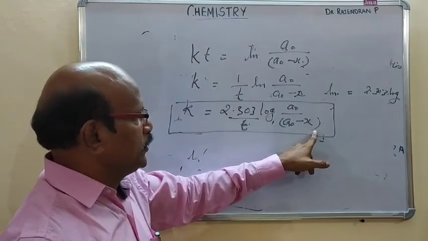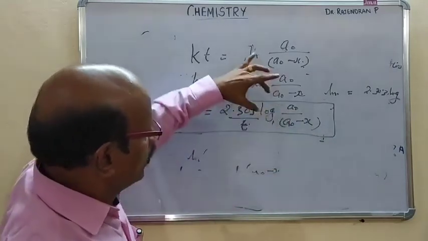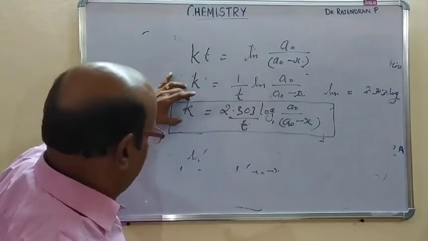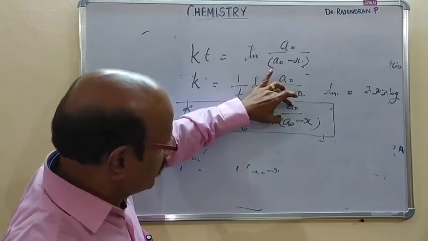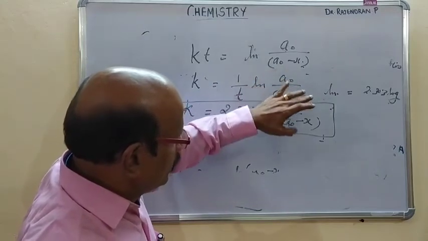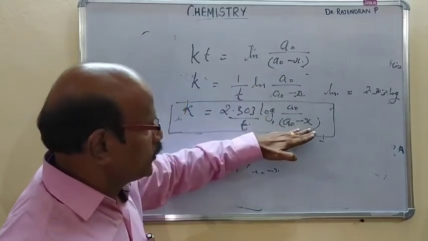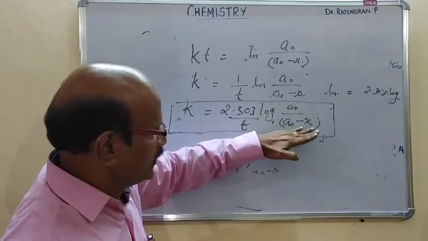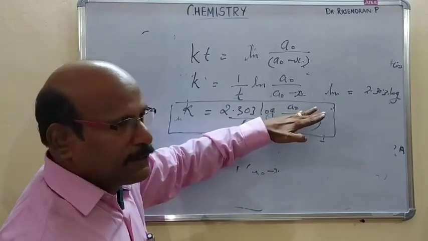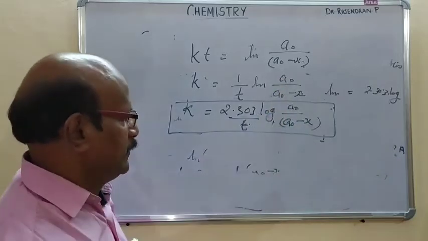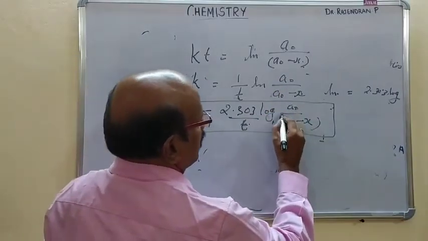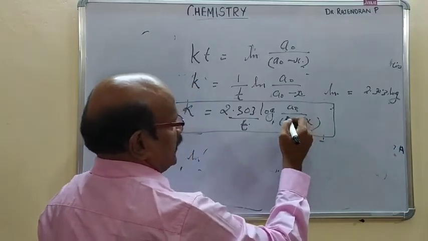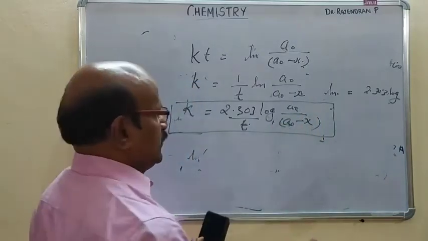Please look into the equation. This equation is a logarithmic equation. It gives the value of k in terms of the ratio of two concentration terms. Here the numerator is A0, and the denominator is A0 minus X. Both are concentration terms, in moles per liter, so they cancel each other.